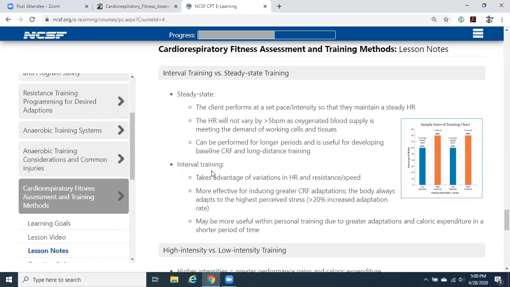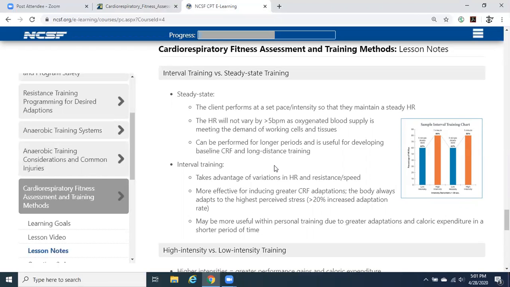Interval training, this is when you're going to see a 20% increase in adaptation rate, and it's going to be more effective for inducing greater cardiorespiratory adaptations. It takes advantage of variations in heart rate and resistance speed, so going up and down may be more useful with personal training due to greater adaptations in caloric expenditure in a shorter period of time.